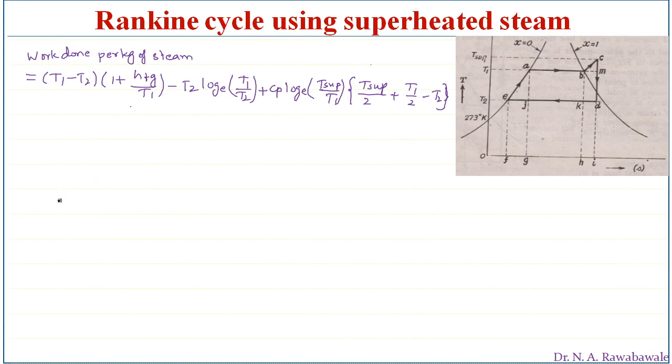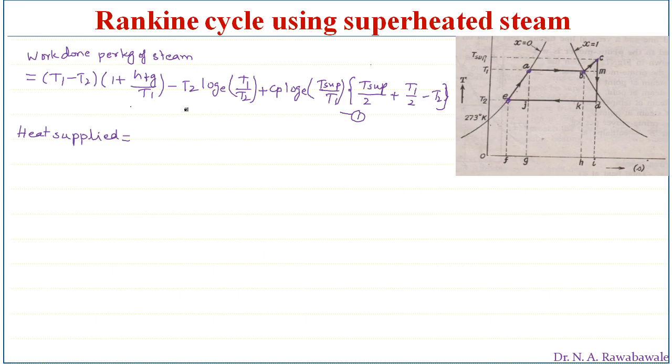Now coming to the next, heat supplied. If we want to find out heat supplied, this we call the first equation. In this case, heat supplied is equal to... where is heat supplied actually? If we see, heat supply starts at point E. E to A it is sensible heat, A to B it is latent heat, and B to C it is superheat.